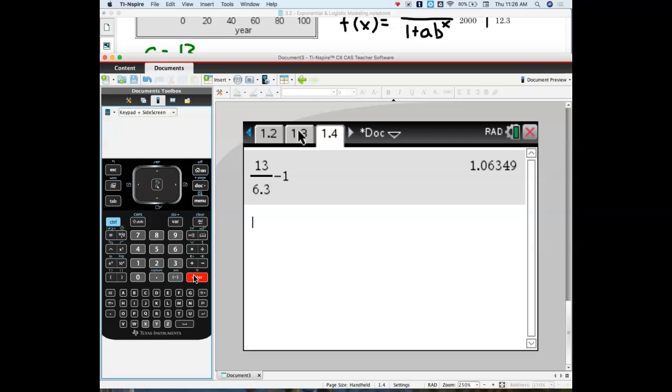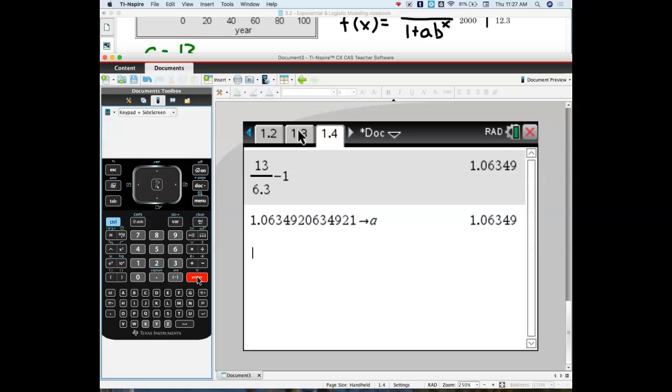But what I can do with that on the calculator is I can store that as A. And now the unrounded answer, the exact answer, is stored in as A, and we can use the letter A anytime that it comes up later on in the problem.